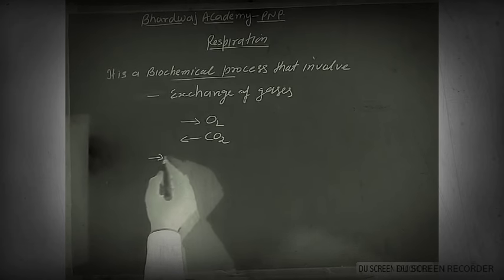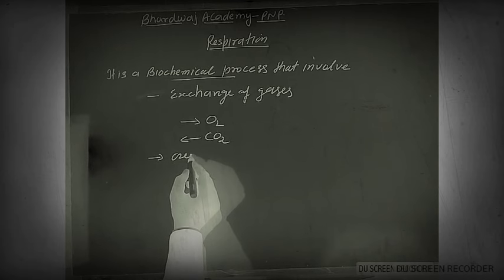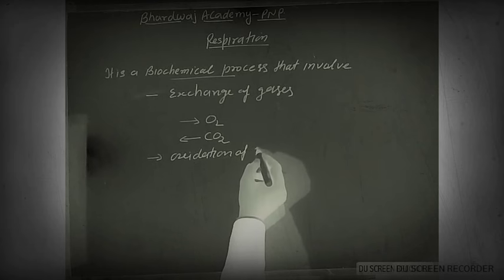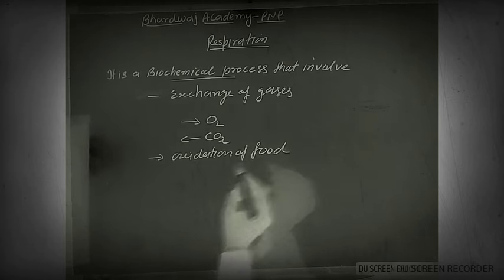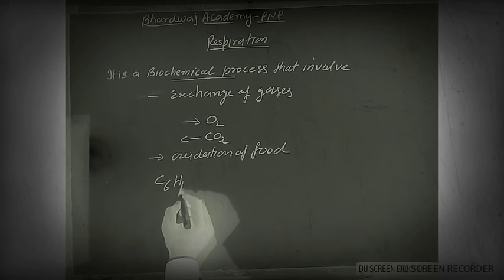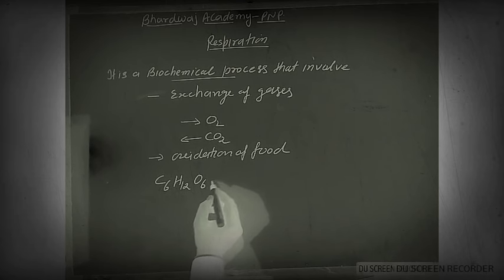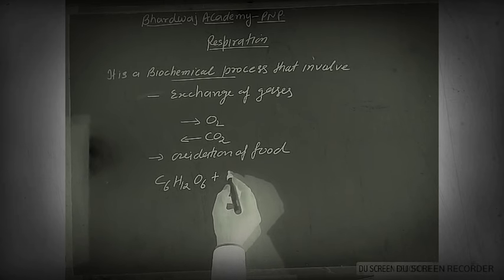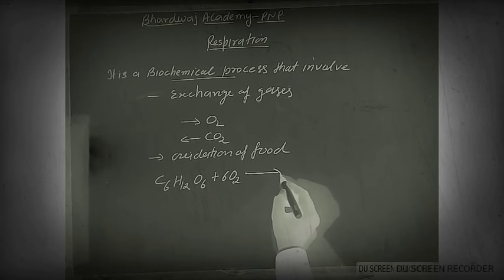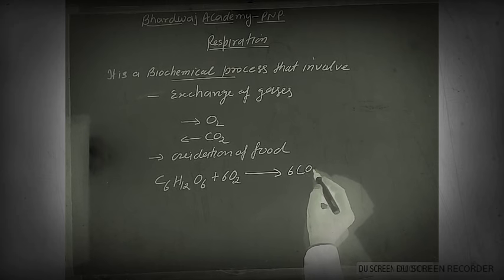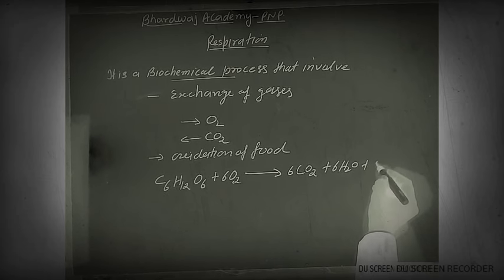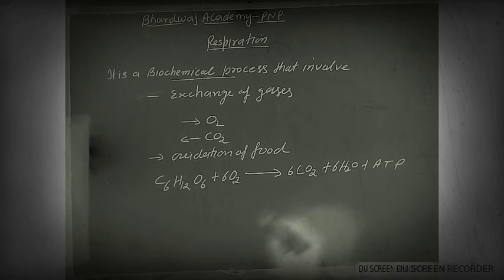Second, it involves the oxidation of food material. For example, glucose, the formula is C6H12O6, undergoes oxidation in the presence of oxygen, and this forms 6 molecules of carbon dioxide and 6 molecules of water plus energy released in the form of ATP.